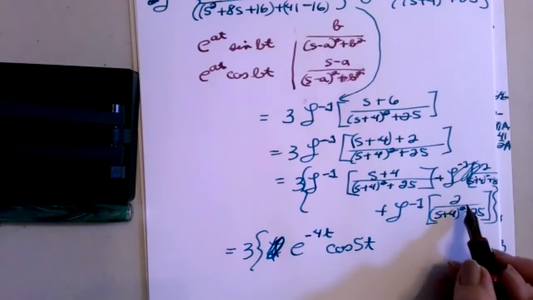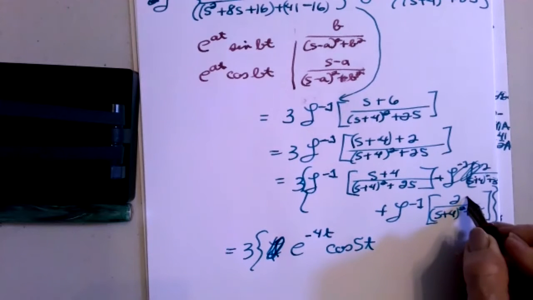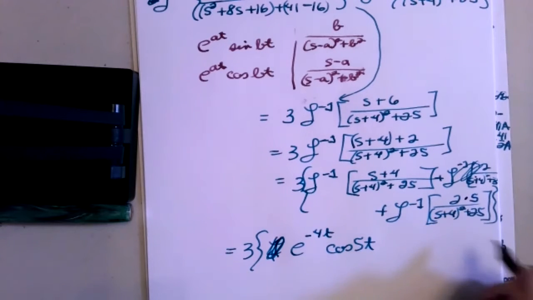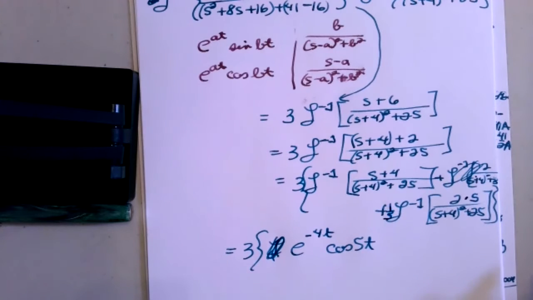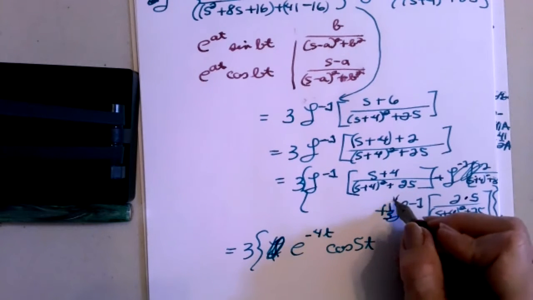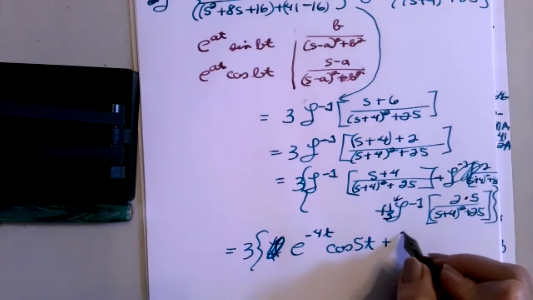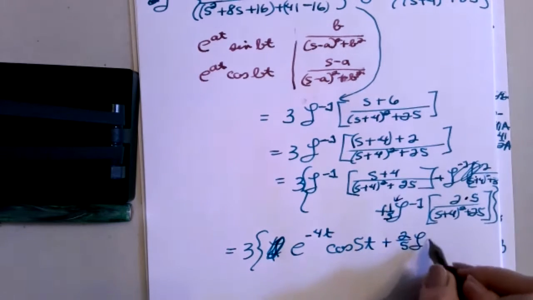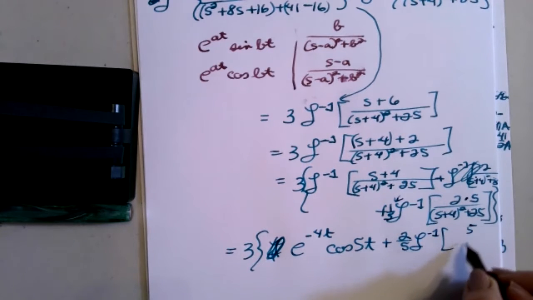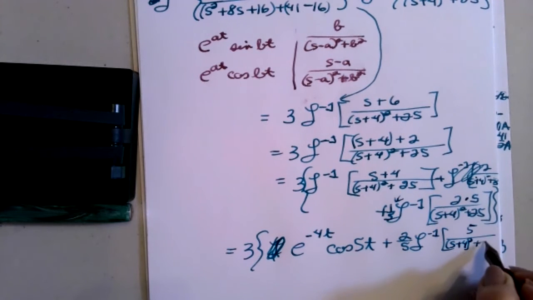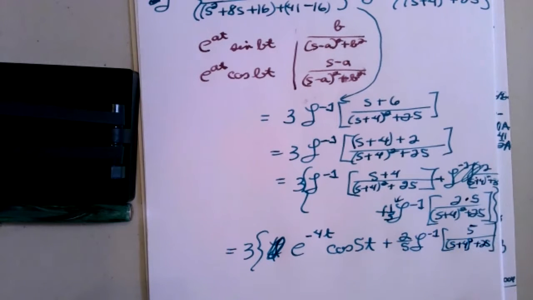Now with this one, I need a 5 in here, not a 2. So I'm going to need to multiply by 5 on the inside, which means I have to put a 1/5 out in front to cancel it. And then I need to move that 2 out of the way. So I have 2/5 L inverse of 5 over (s plus 4) squared plus 25.